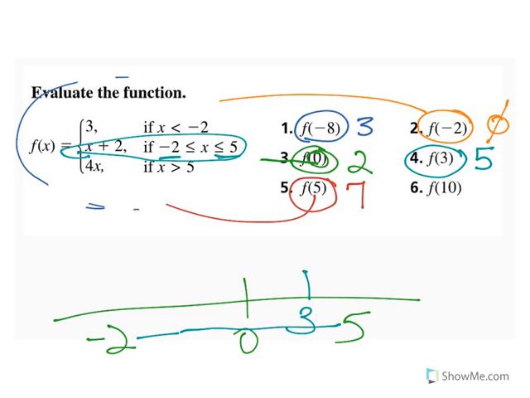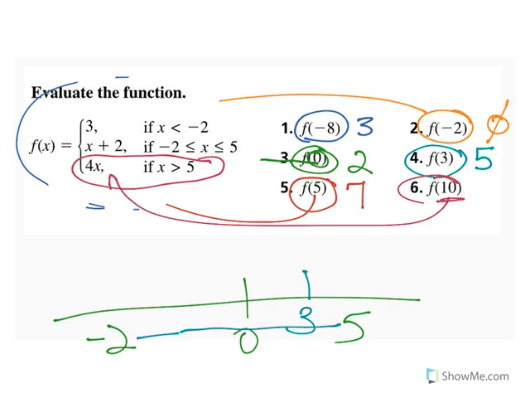And then our last one, we're going to do it in pink, and we're going to do 10. Oops, 10. So if you look at this one, x is greater than 5, 10 is greater than 5, so we're going to put our 10 in here and do 4 times 10, which is 40. So there we have all of our answers.